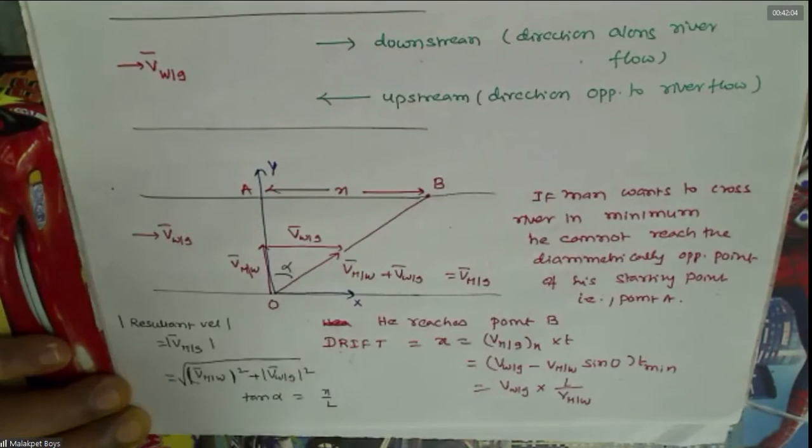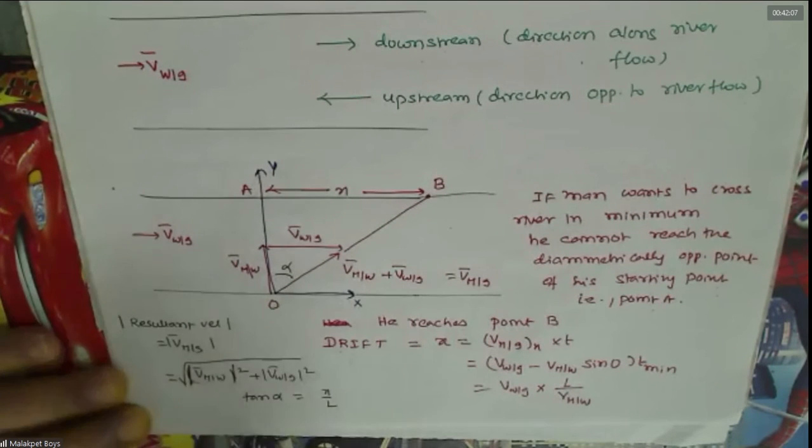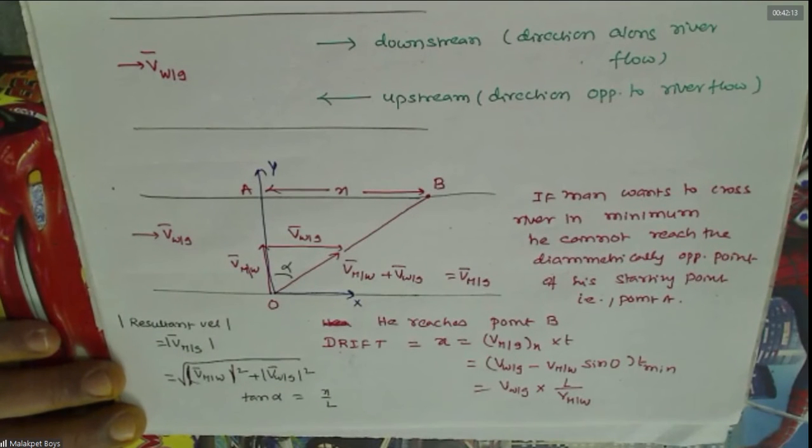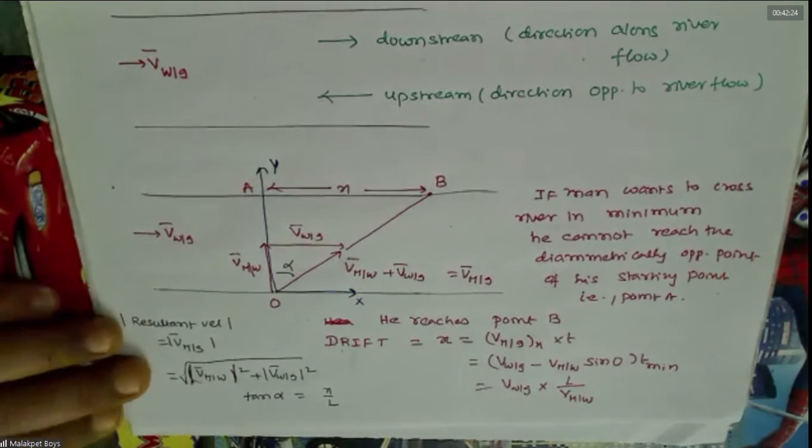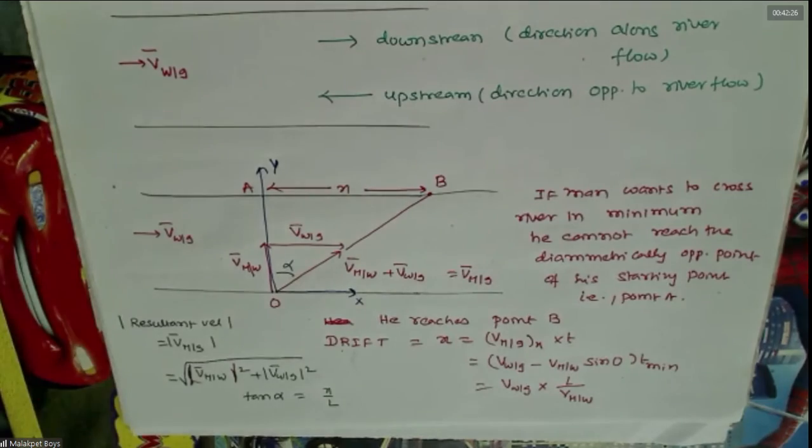Mod of two vectors, like this he may ask anything. Where does it flow? If you want to cross the river in shortest time, what is the angle made by the resultant velocity with the perpendicular to the river? Anything he may ask.